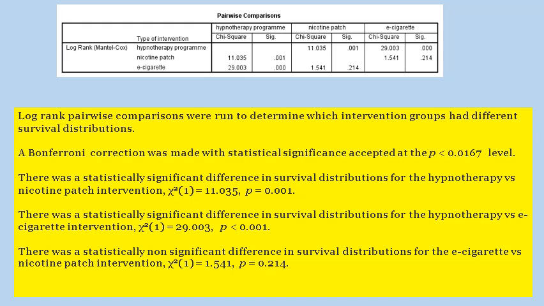Chi-square is 29.003 and the p-value is less than 0.001. There was a statistically non-significant difference in survival distribution for e-cigarette versus nicotine patch intervention. Chi-square value was 1.541 and the significance value, that is p-value, was 0.214. So it is not statistically significant.